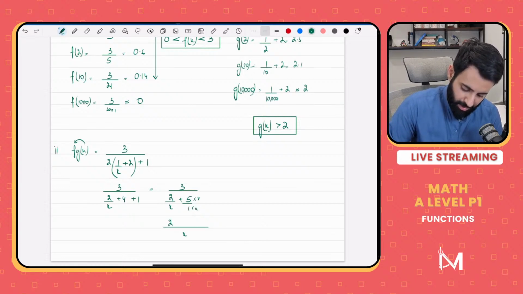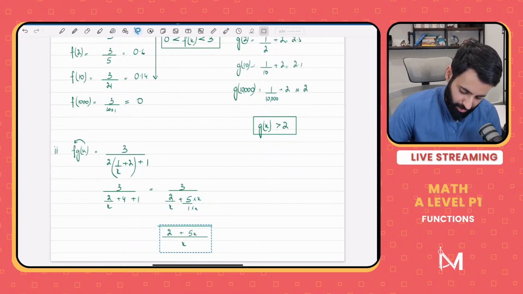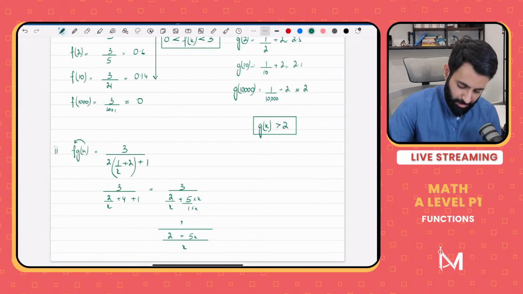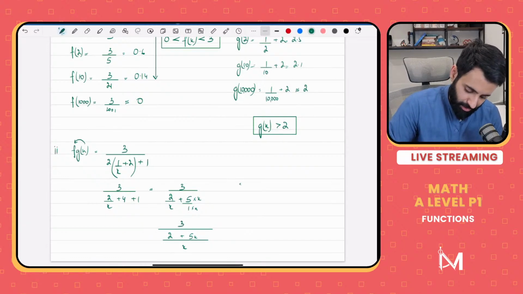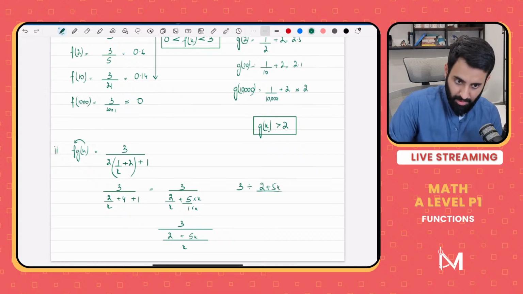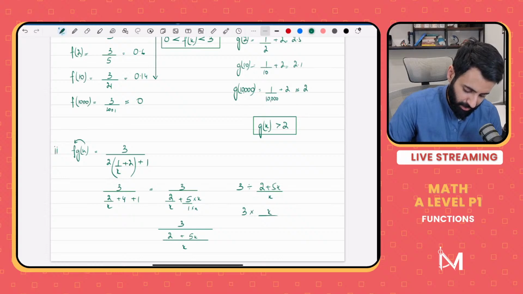We multiply this by x, which is 5x. Don't forget that this is all happening under 3. So this is 3 divided by 2 plus 5x upon x, which means that this can be written as 3 into x over 2 plus 5x.